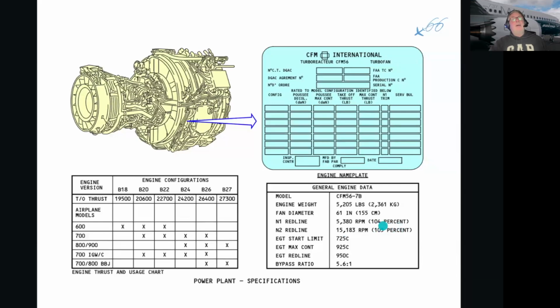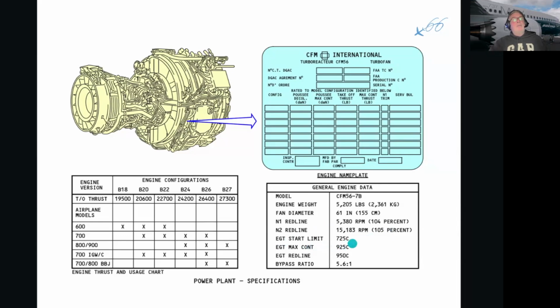You've exceeded its 100% rating, therefore you've gone over the red line, so to speak. The N2 is the back end of the engine, basically the HP side, where it runs at a significantly higher speed, at 15,000 RPM. And the red line means if you go over it, you've achieved 105% of its normal working capability.